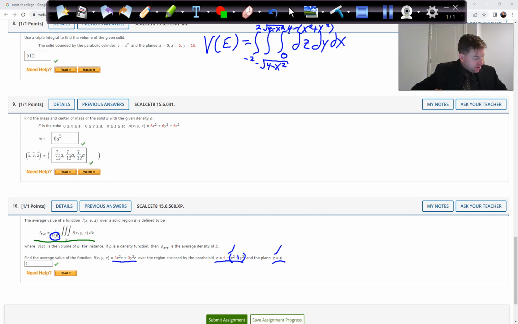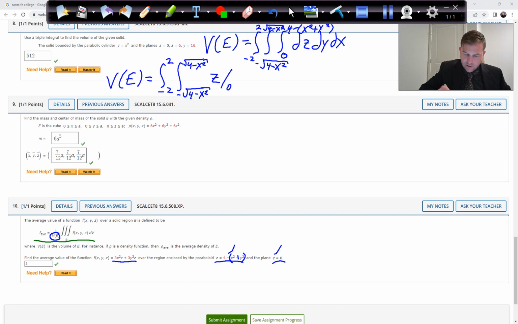Now, what we are going to do is take the antiderivative of this with respect to z. So we're going to get this volume goes from minus 2 in the x to positive 2 in the x. And then it goes minus square root of 4 minus x squared to positive square root of 4 minus x squared. And then it's going to be z from 0 to 4 minus x squared plus y squared.